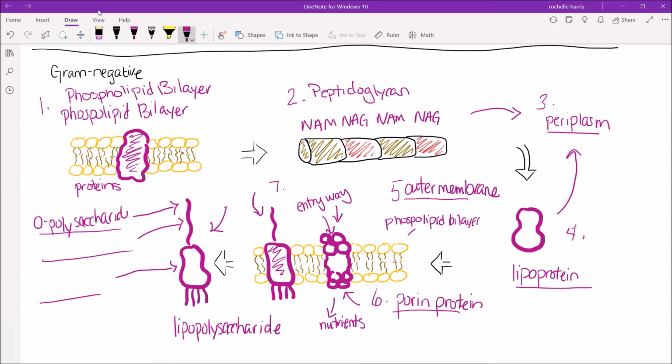The next part of the structure is called a core polysaccharide. And the larger part of this structure is called a lipid A.